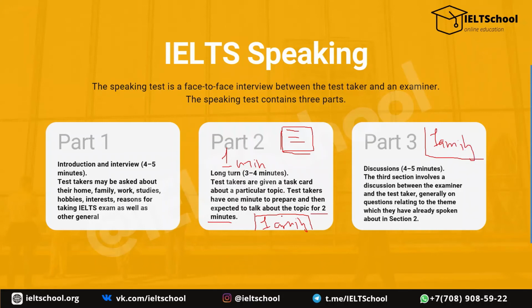Or for example, if in part 2 you had a question about environment or global warming, air pollution, then in part 3 the examiner will ask you a question about air pollution.